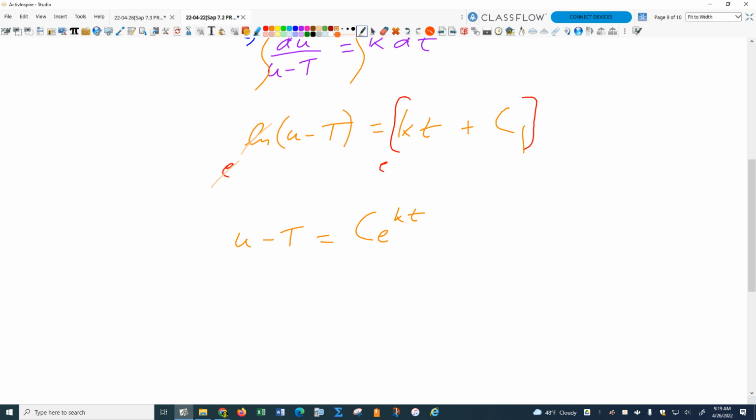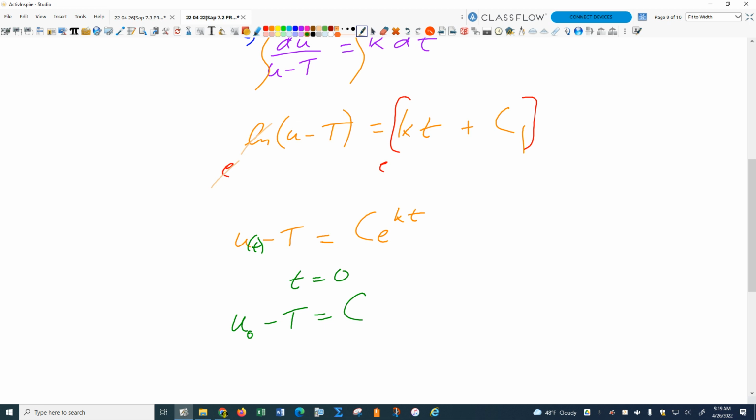Okay, we want to find the value of these constants. Well, one I could choose is when t equals 0. If I let t equal 0, what am I going to get? This is really u of t, right? So I get u naught minus t equals c times e to the 0, which is 1.